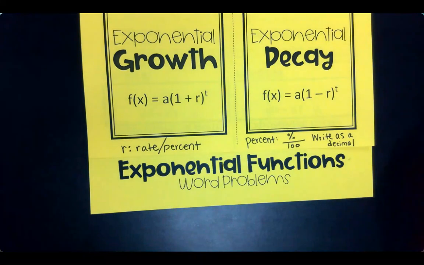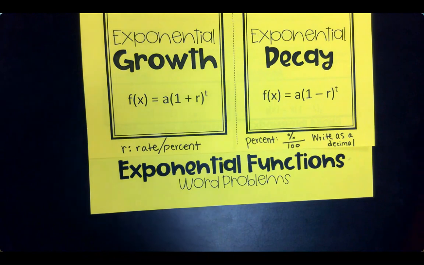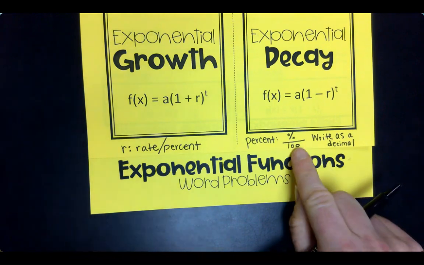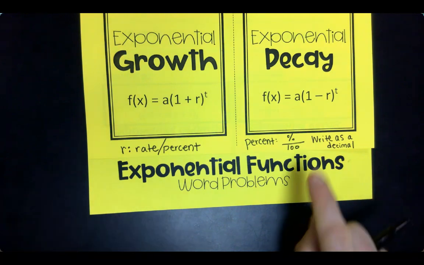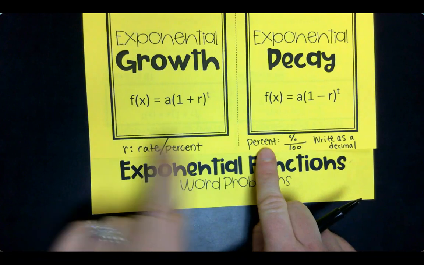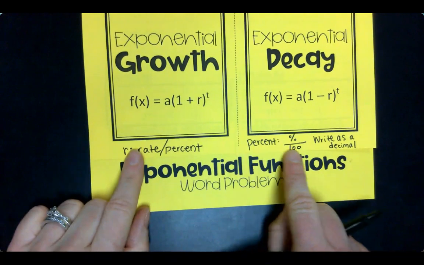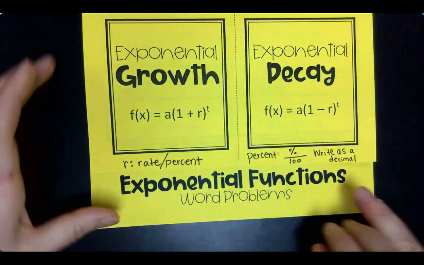If you remember that you can move your decimal over 2 places to change it to a decimal, you can do that. But it's just easy to put in your calculator and come up with that value. So you'll use percent and rate on both of these problems. I just wanted to remind y'all about those things before we went to the inside.